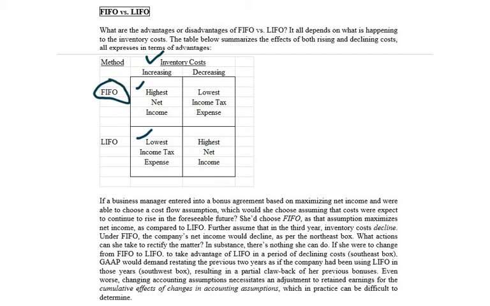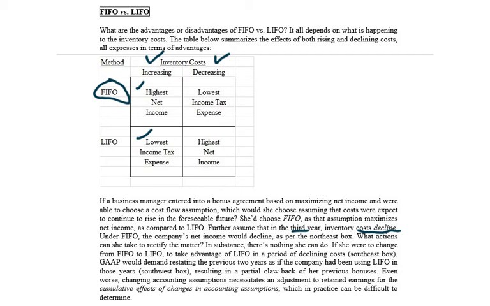Now let's say this remains true for 2 years, and then we get to the third year, and now we see inventory costs decline. All right, so we are declining inventory costs, so now our costs are going the other way. So now here's where we're at.